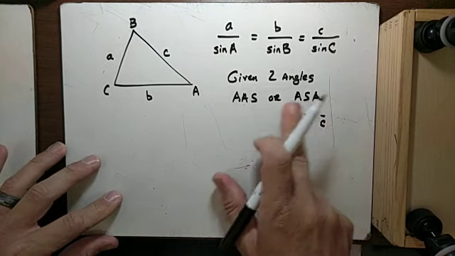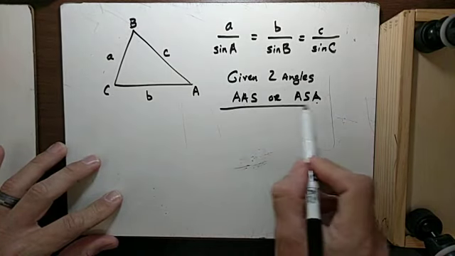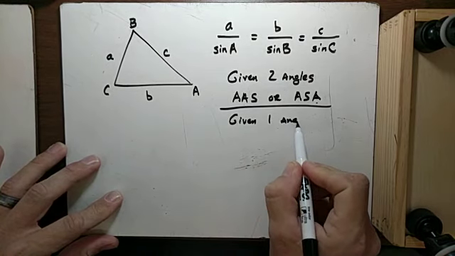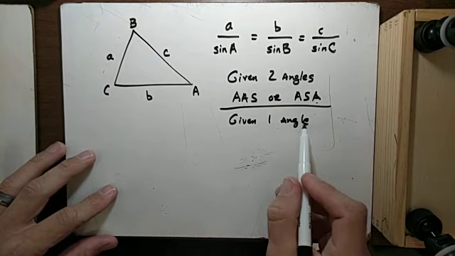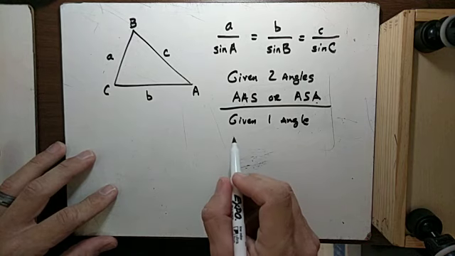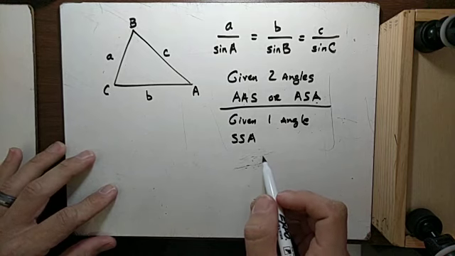Okay, so the purpose of this video, though, is to show you what happens when you're given one angle. So if you're given one angle, the only way that you're going to be able to use the law of sines is to have two sides and the angle not between them.